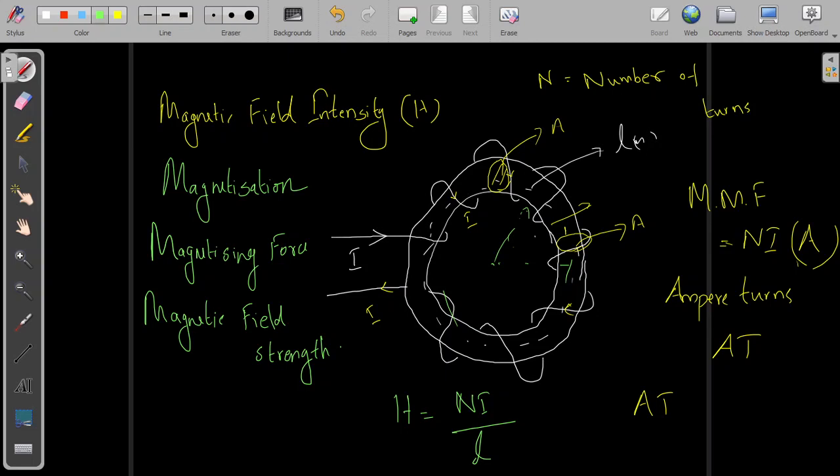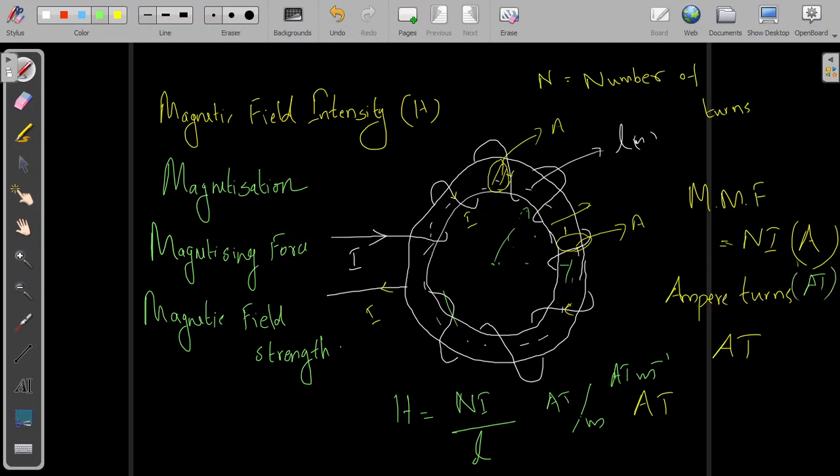It is also called the magnetizing force or magnetic field strength, and its unit is ampere turns per meter, AT per meter, or AT m inverse. Actually the unit is ampere, but we take ampere turns, AT, as the unit.